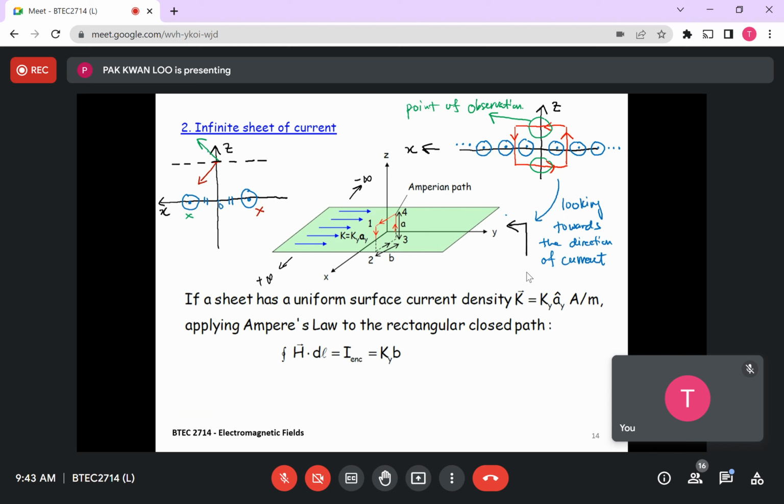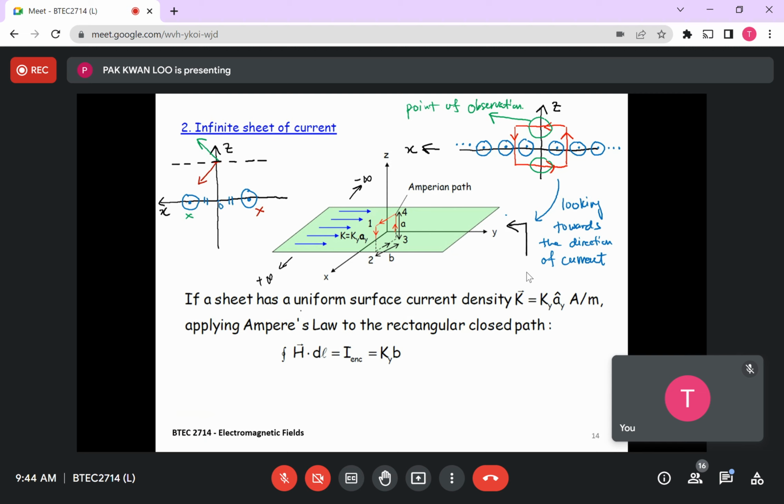So let's say I have this magnetic field direction contributed by this current element, and another magnetic field contributed by this current element, and they are the same everywhere, right? The magnitude of the current element and the magnetic field of the current element is the same because it's uniform, right?